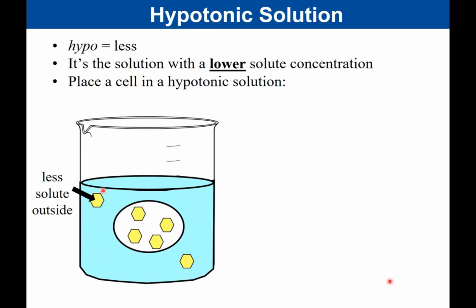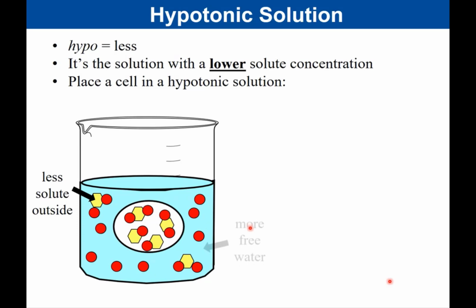So the solution outside is hypotonic relative to the cell because it has a lower solute concentration compared to the cell. And so when we look at water concentration, remember that if we have more solutes inside, less solutes outside, that means that we have more free water outside.